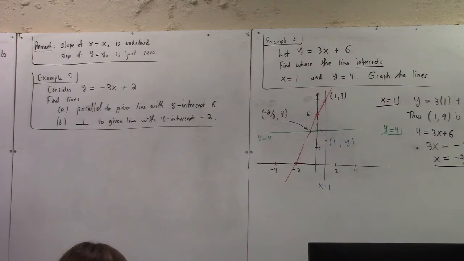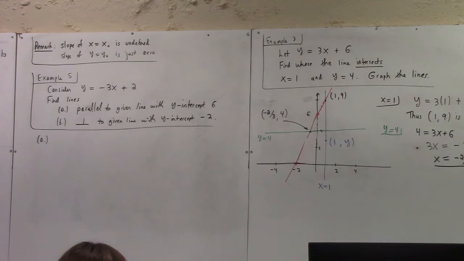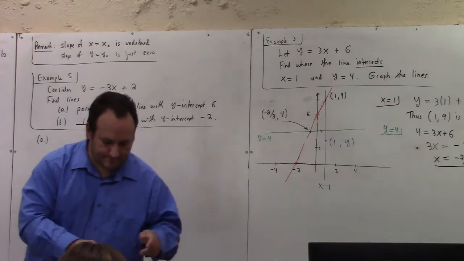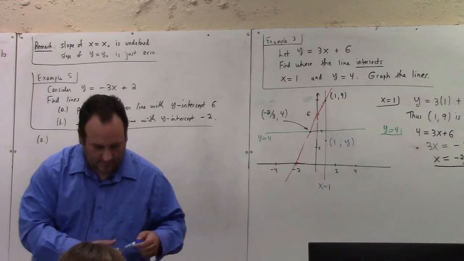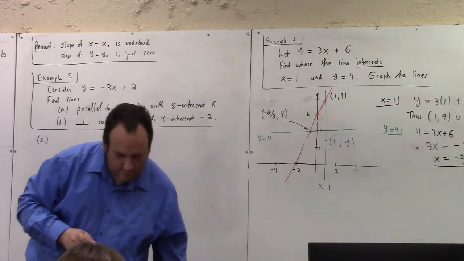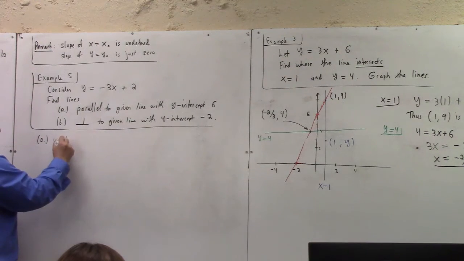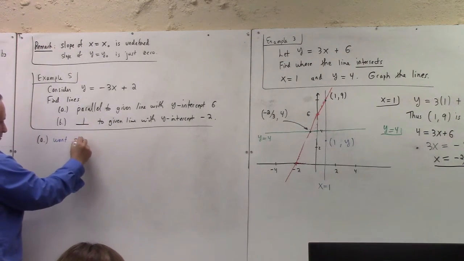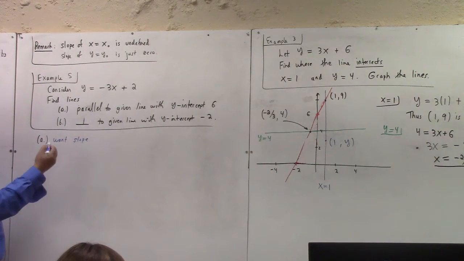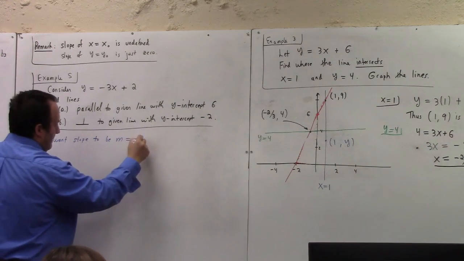So how do we answer part A? What's the slope of the line we're looking for? We want the slope to match, right?